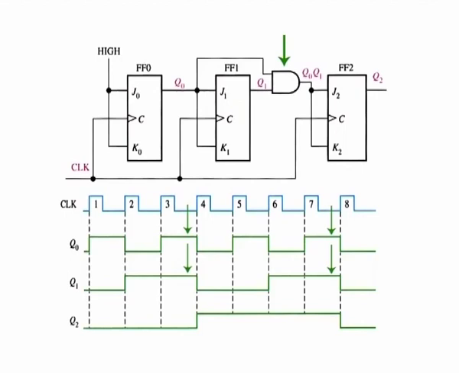Whenever both Q0 and Q1 are high, the output of the AND gate makes the J2 and K2 inputs high, and flip flop 2 toggles on the following clock pulse. At all other times, the J2 and K2 inputs are held low by the AND gate output, and flip flop 2 does not change state.